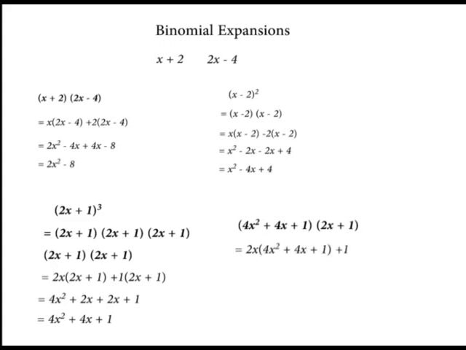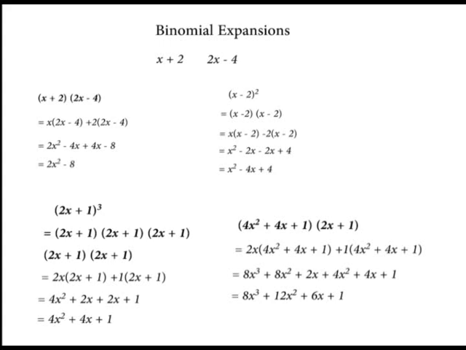Then plus 1 times 4x squared plus 4x plus 1. 2x times 4x squared is 8x cubed. 2x times 4x is 8x squared. 2x times 1 is 2x. 1 times 4x squared is 4x squared. 1 times 4x is 4x. And 1 times 1 is 1. And if we simplify, we shall have 8x cubed plus 12x squared plus 6x plus 1.